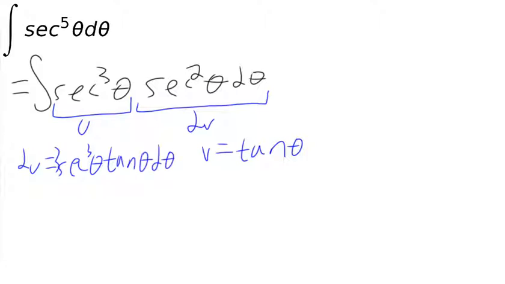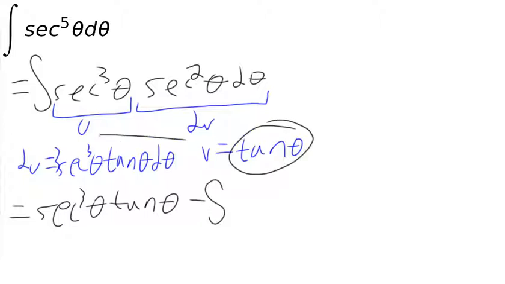So now I have the integral of u dv is going to be equal to uv, so this times this, so secant cubed theta tangent theta, minus the integral of v du. And this is kind of sloppy. Let me see if I can write it a little better.